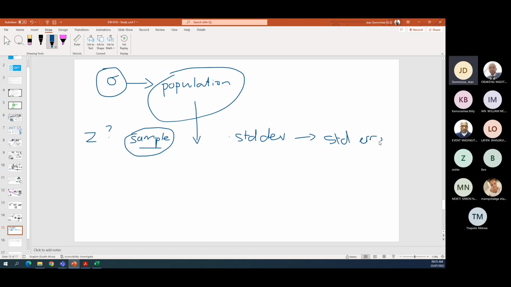The sample that you pulled from the population has some error in it, because the sample might not be 100% representative of the population. So with that error that is brought in, we need to take that sample into account.